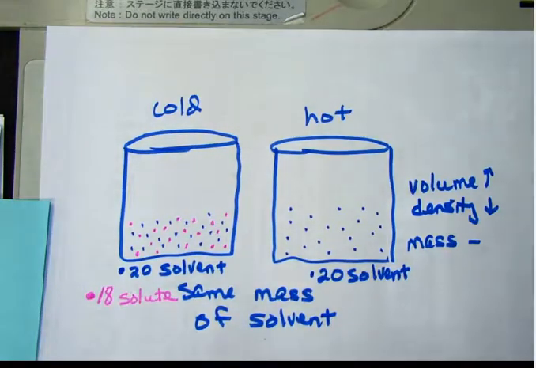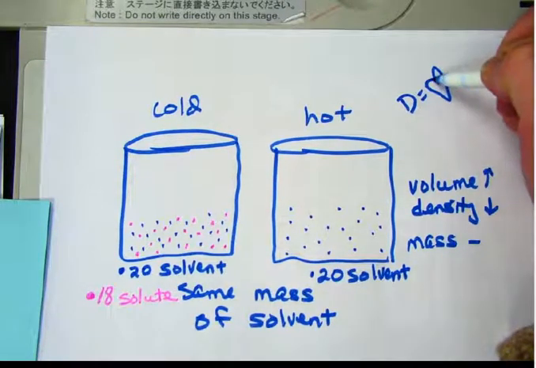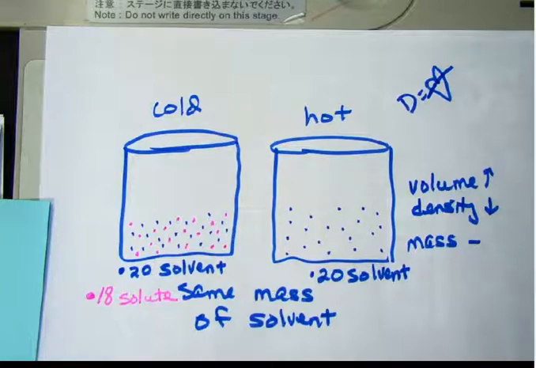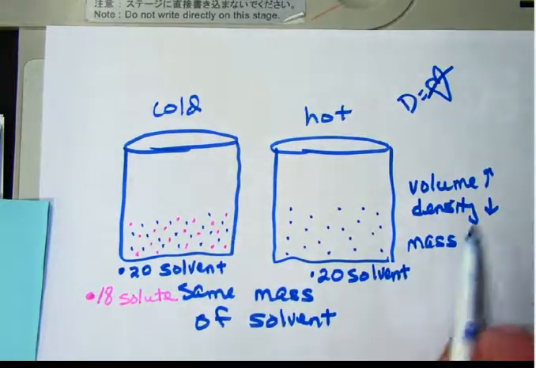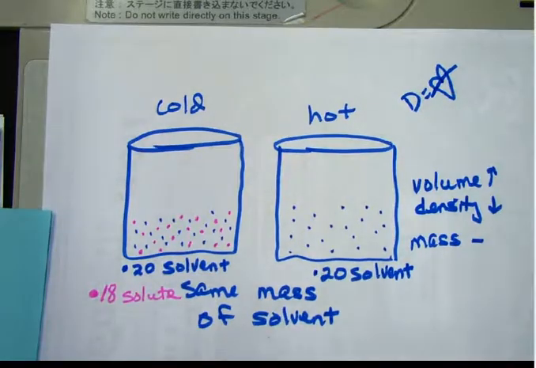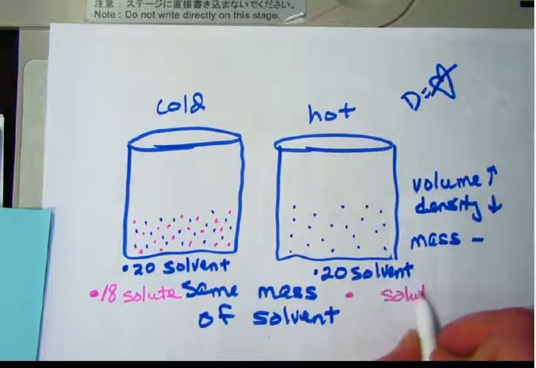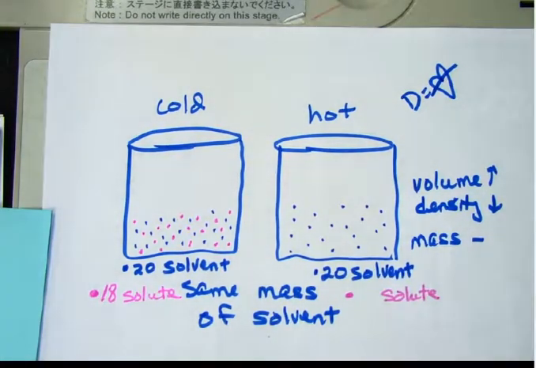Now let's fall in love with density here. We've got density equals, I always draw it backwards when I'm doing this, mass over volume. My mass is staying the same. Volume's increased, density comes down. So let's see how many particles of solute I can fit in now. I need to maintain the same size and the same spacing.